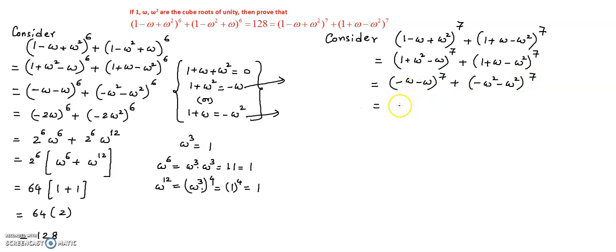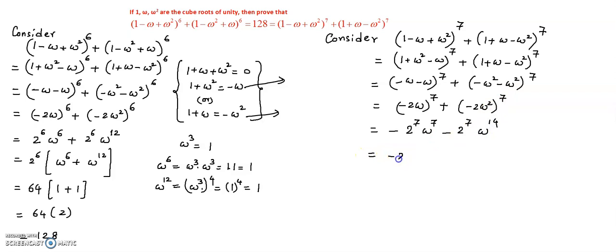So minus omega 2 times will be minus 2 omega whole power 7, and minus omega square 2 times will be minus 2 omega square whole power 7. Minus, if you multiply 7 times it will remain minus, so we have 2 power 7 omega power 7. And same here, minus 2 power 7 omega power 2 into 7, which is omega power 14.